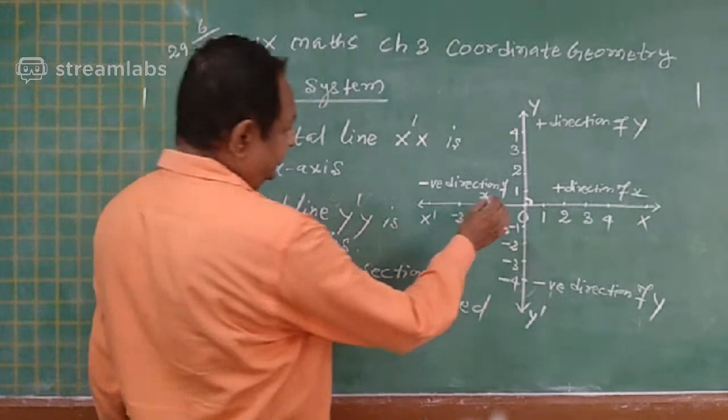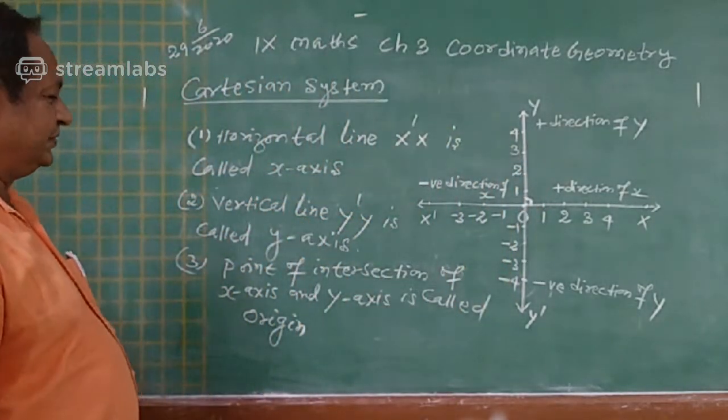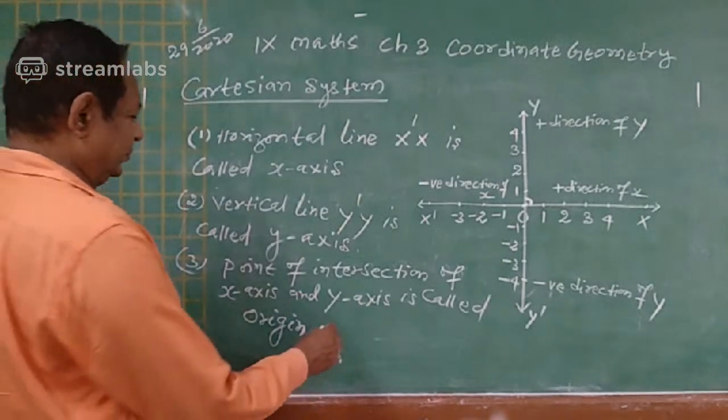The coordinate of this origin is (0, 0).